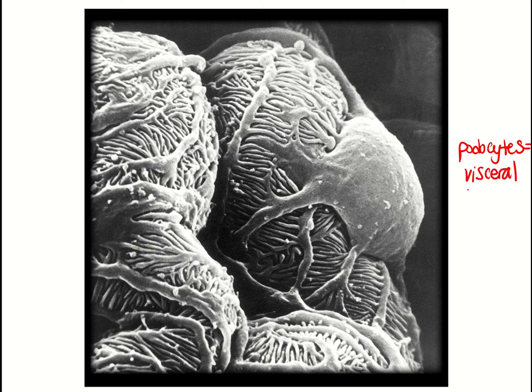They are the visceral layer of the glomerular capsule. And these that you see here are their little extensions, their little legs. Between these legs, you can see it creates these filtration slits through which solutes and electrolytes and small things can exit into the capsular space. So I think that looks super cool.